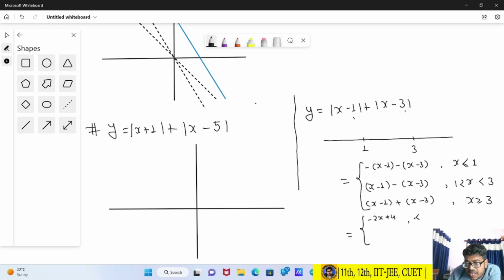When x is less than or equal to 1, x minus x cancel, and minus 1 plus 3 is 2, when 1 is less than or equal to x less than or equal to 3. When x is greater than or equal to 3, x plus x is 2x, and minus 1 minus 3 is minus 4.